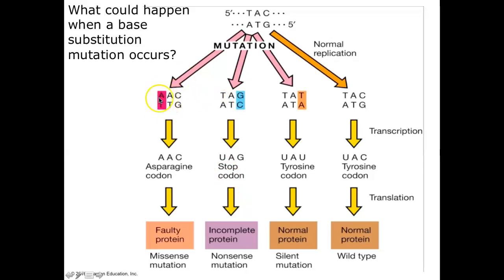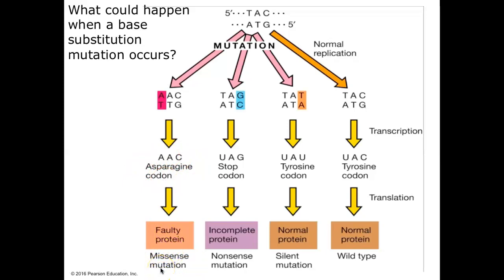You get a change in the letter, right, one base, and the normal wild type, which was tyrosine, now changed to asparagine. So you're coding for a completely different amino acid. What you get is a fully made protein, but there is a substitute for an amino acid. Now, this is missense.